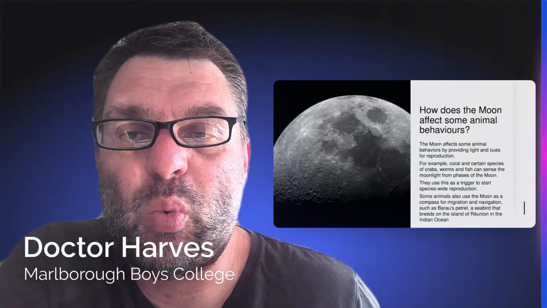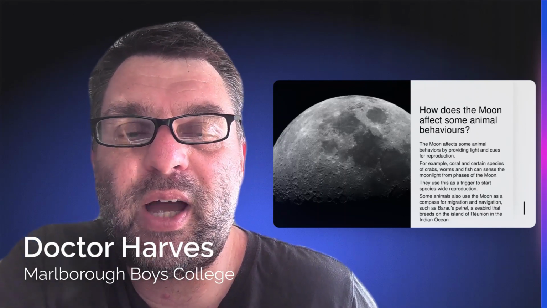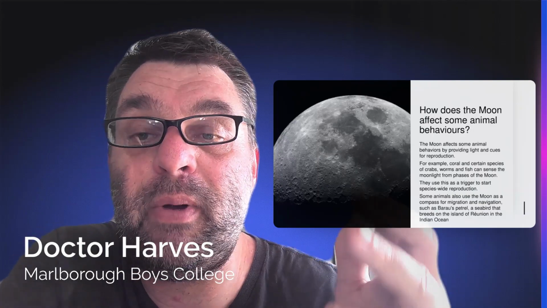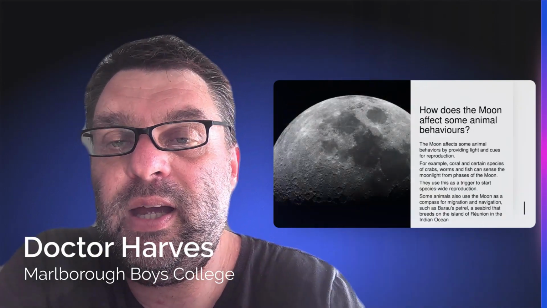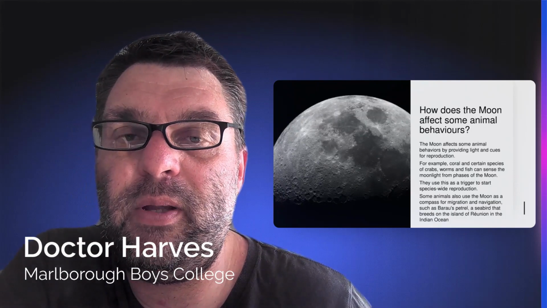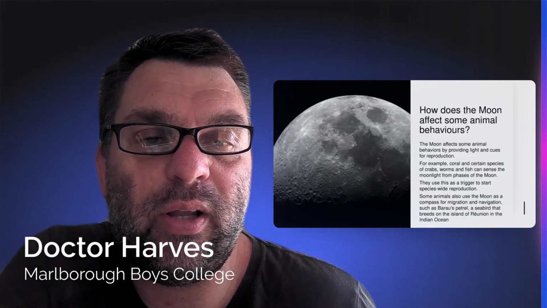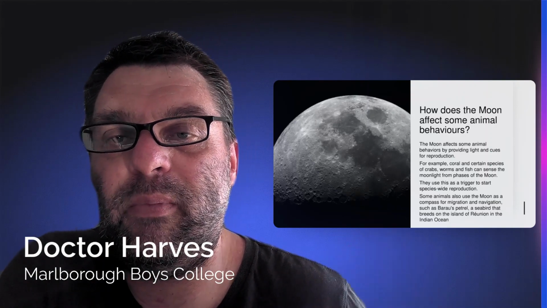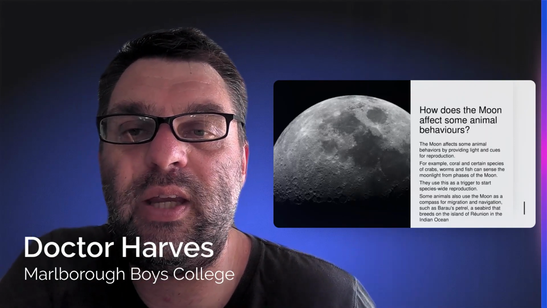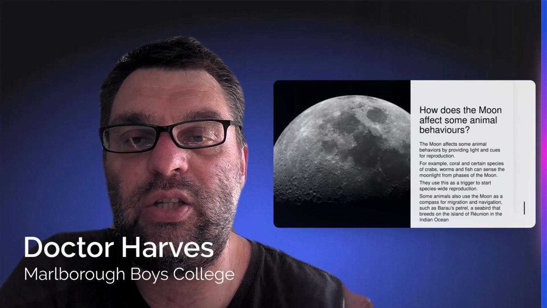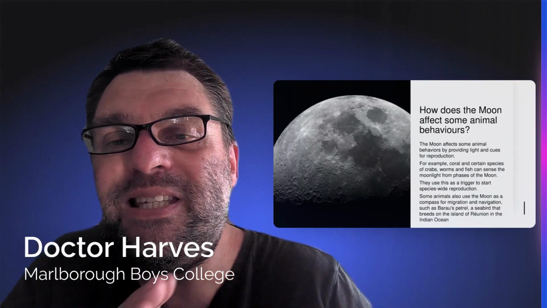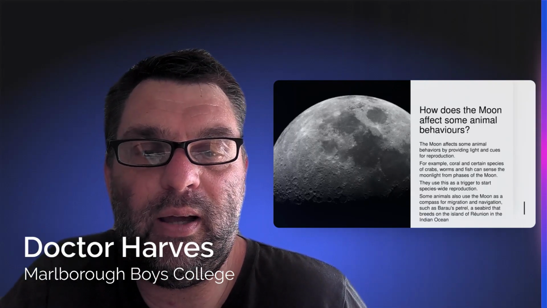For example, species-wide reproduction can be triggered by a full moon, and some animals, like moths, use the moonlight as a beacon for travel. The Burrow's petrel, a seabird, travels vast distances across the ocean using the moonlight as a beacon to help position itself on the planet.